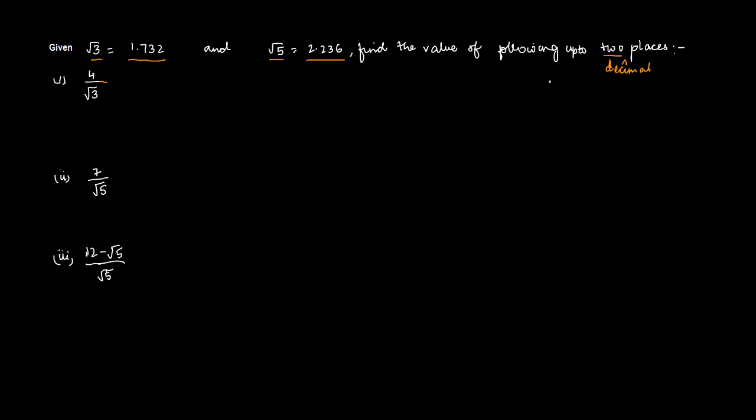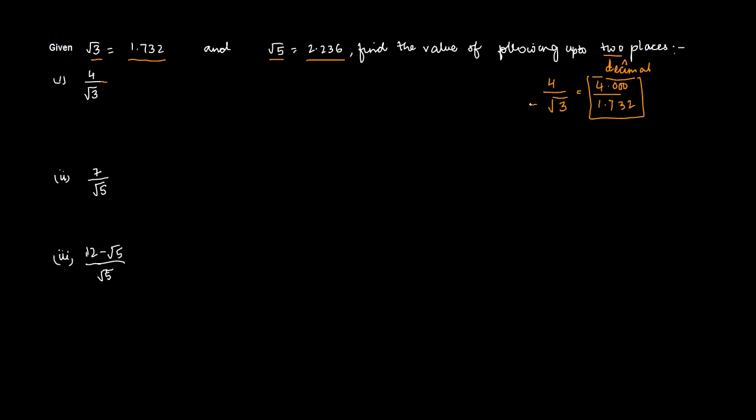Now, one of the methods that you can follow is you can simply divide 4 by root 3, or 4 divided by, what's the value of root 3? 1.732, right? Since there are 3 digits after the decimal, we put in a point here and put in 3 zeros here. But if we start doing this, it is going to be very cumbersome, long drawn, and uncertain in terms of the correctness of the answer.